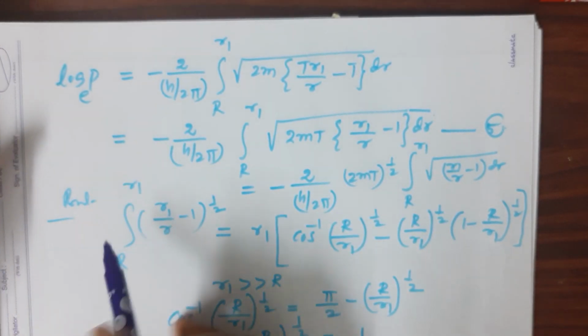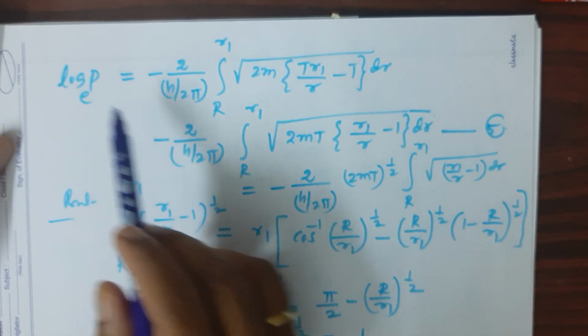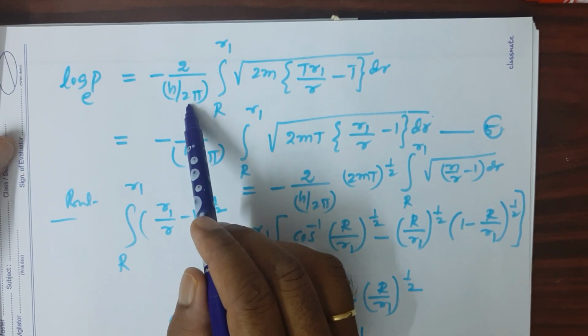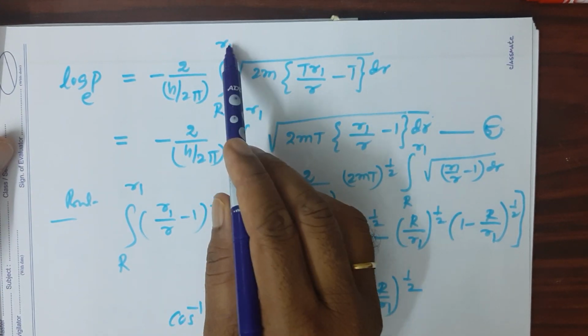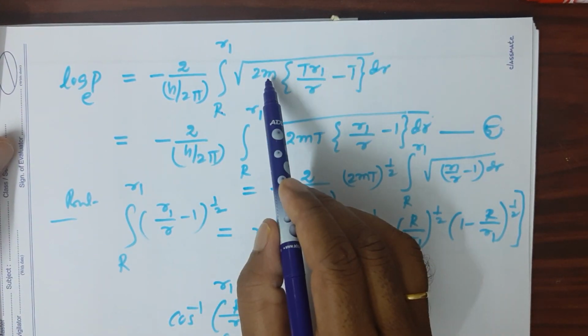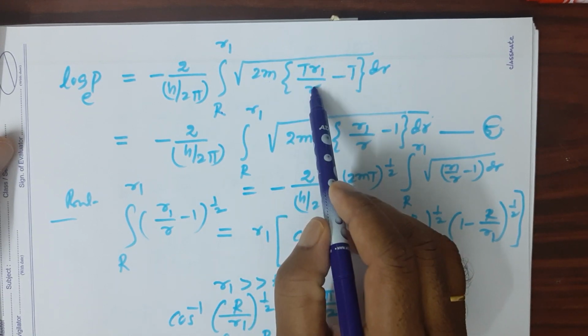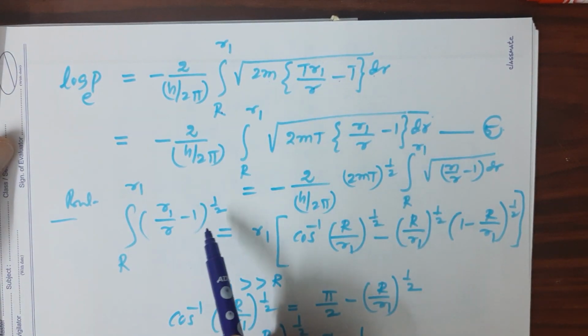Substituting that, we got log p base e equals minus 2 by h by 2 pi integral from capital R to r1 of the square root of 2m into t (r1 by r minus 1) dr, right?